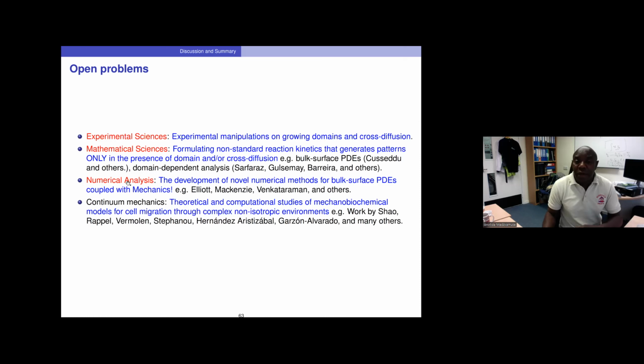Then probably we can verify some of these. These are purely theoretical outcomes that have not been validated experimentally, and there is that need. Also the need to formulate non-standard reaction kinetics, but we can only do this if we have some sort of guidance from experiments.